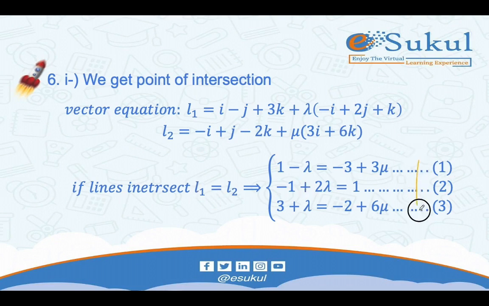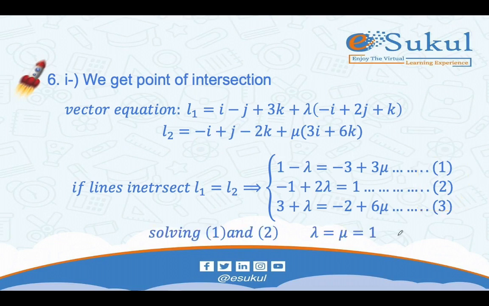We have 3 equations. For the i component, we have 1 minus lambda should equal negative for the other one in line 2. For equation 2, we also have negative 1 plus 2 lambda should equal the other component in L2.